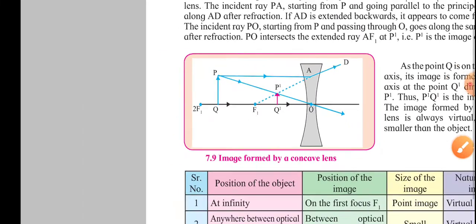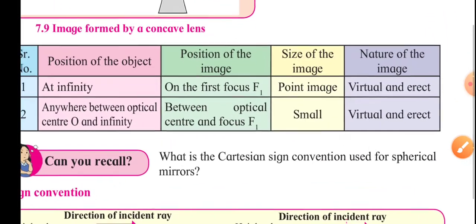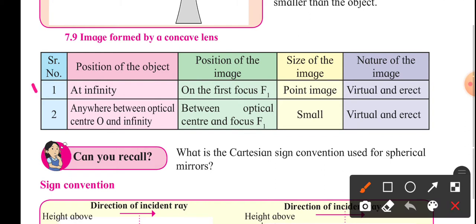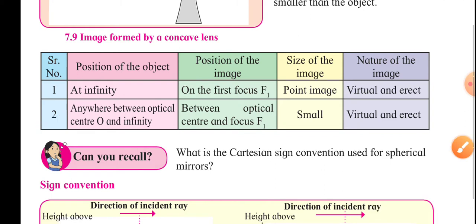Further, there is also a table for the concave lens, like the table we saw for the convex lens, with the position of the object and the image. In the same way, this is also one of your activities, which you have to complete and send me back in the form of a PDF.